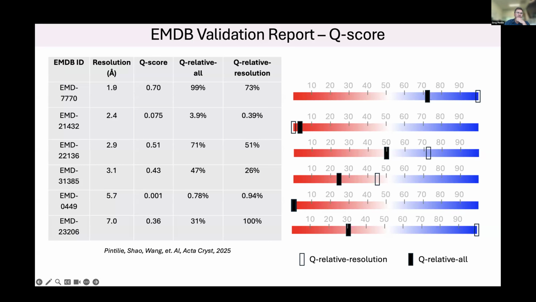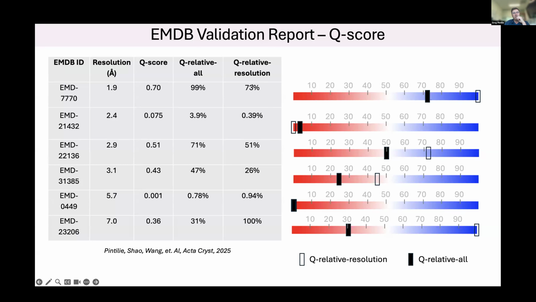For example, a map that's 1.9 angstrom resolution is very high resolution. The Q score is in the top 1 percentile, so it's above 99% of all the other maps and models in the EMDB. There's also a Q relative resolution, which is how far it is from the commonly seen Q score.